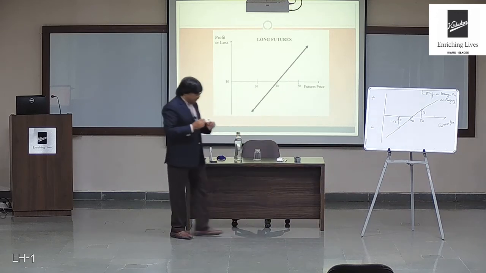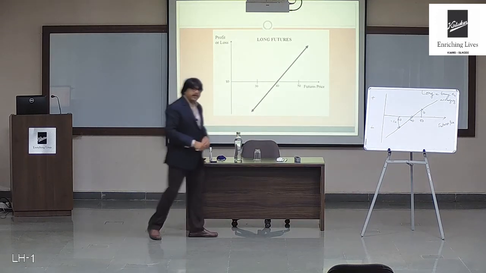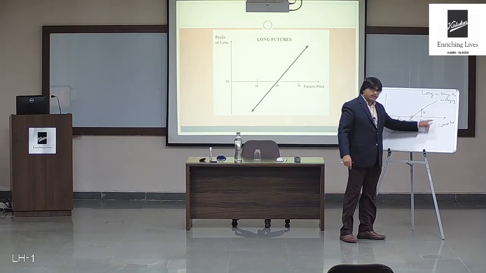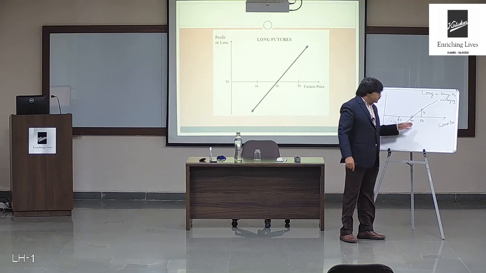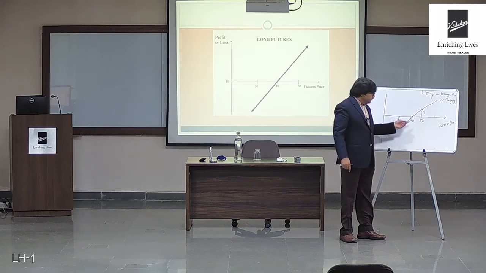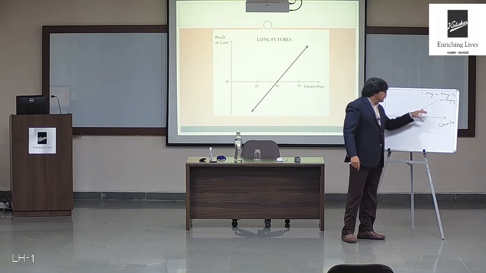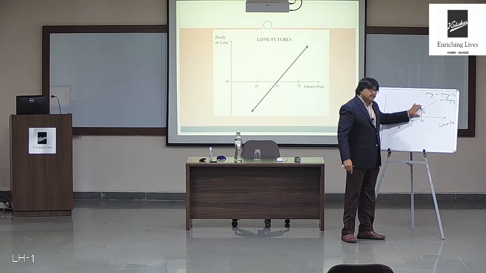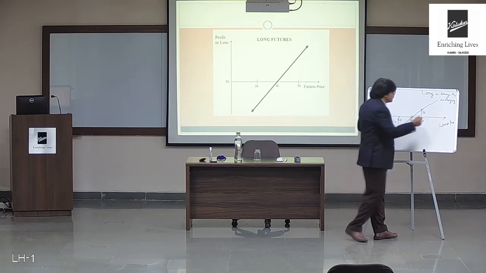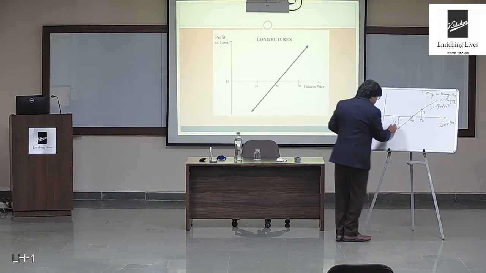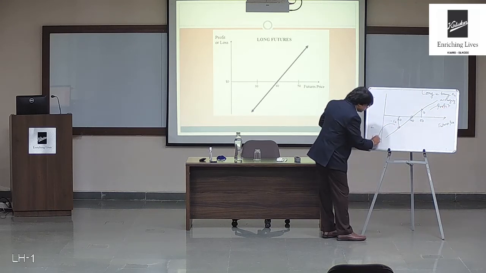The long position holder expects the price of the underlying to go up in the future, and the futures contract price accordingly fluctuates over the period. When the underlying price goes up, the person gets a profit. This is the profit region, and this is the loss region.